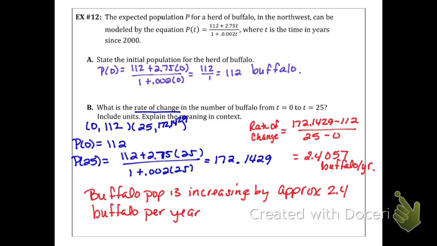So buffalo per year between year 0, which is year 2000, and then 25 would be 2025.